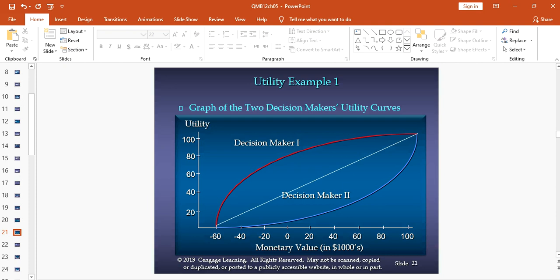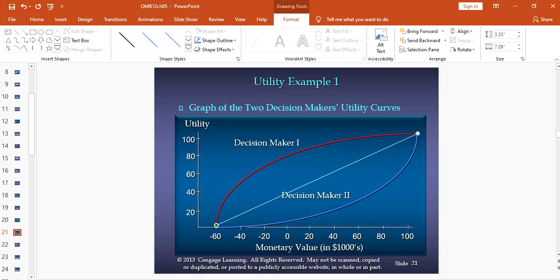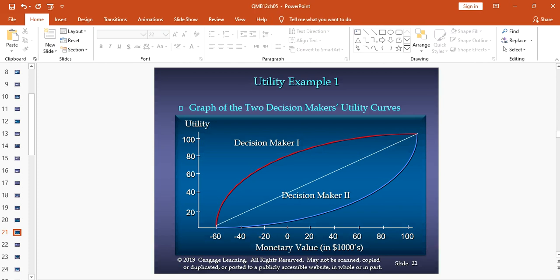So this is the curve representing risk taker 1, and this is the curve representing the risk avoider, and this straight line over here represents the risk neutral players, and this graph is very important.